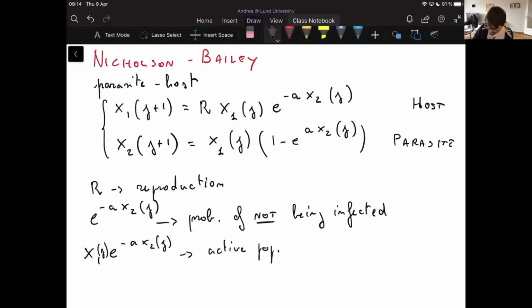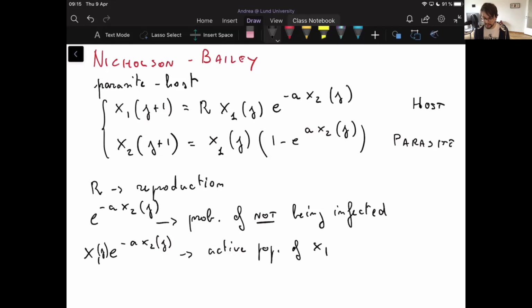population of x1, okay? Because if it is infected, so if the probability of not being infected is 0.9, it means that 0.9 of the population at the previous step will be able to reproduce, while 0.1 will die off because it's infected by the parasite.